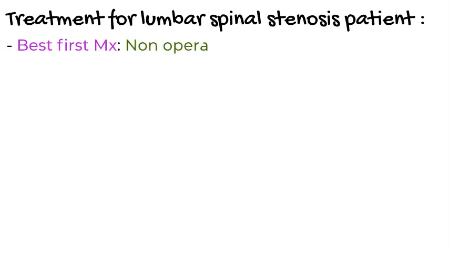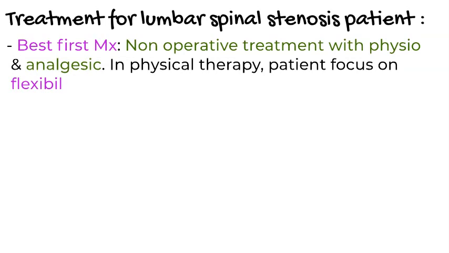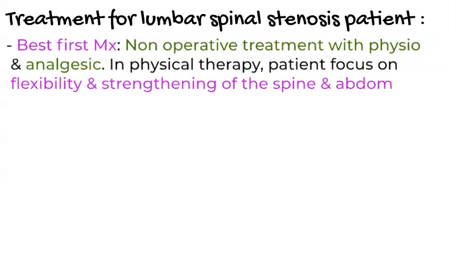Treatment for lumbar spinal stenosis patient. Best first management, non-operative treatment with physiotherapy and analgesic. In physical therapy, patient focuses on flexibility and strengthening of the spine and abdominal muscle.